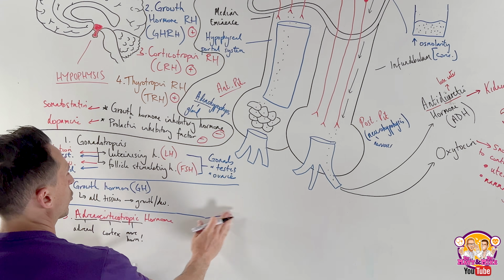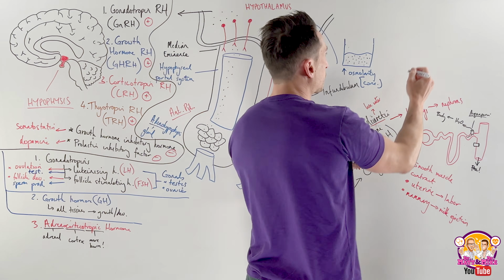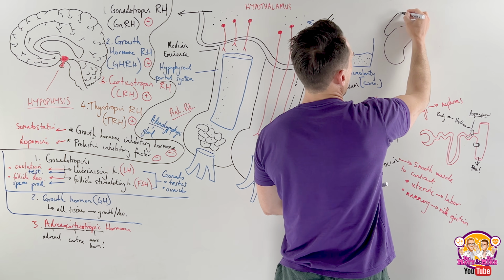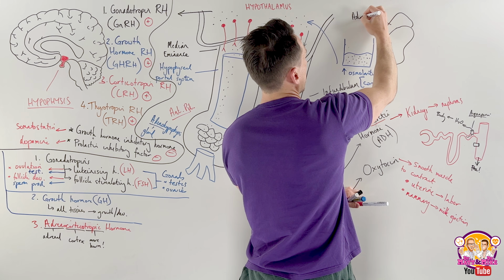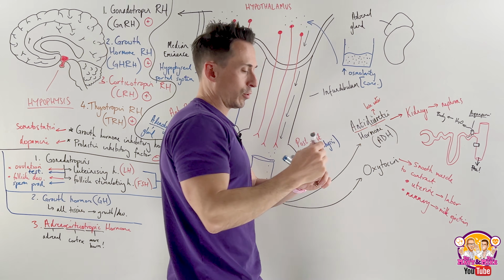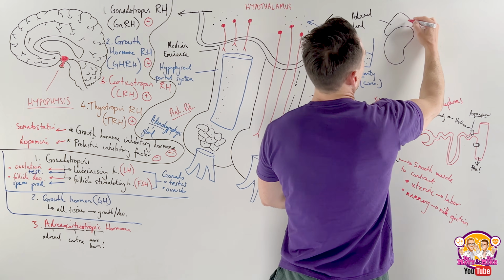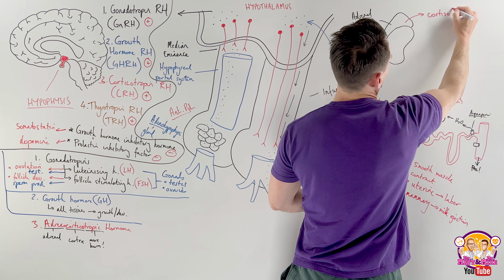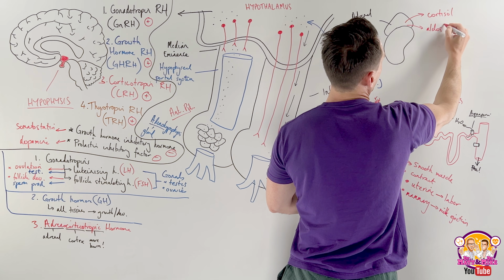What is the adrenal cortex? This is the adrenal gland. So let's draw it up here. If I've got my kidney, and on top there's the hat of the kidney, which is the adrenal gland. So here's the adrenal gland. The adrenal gland can produce and release a number of hormones. One of those hormones is called cortisol. Another one of those hormones is called aldosterone.